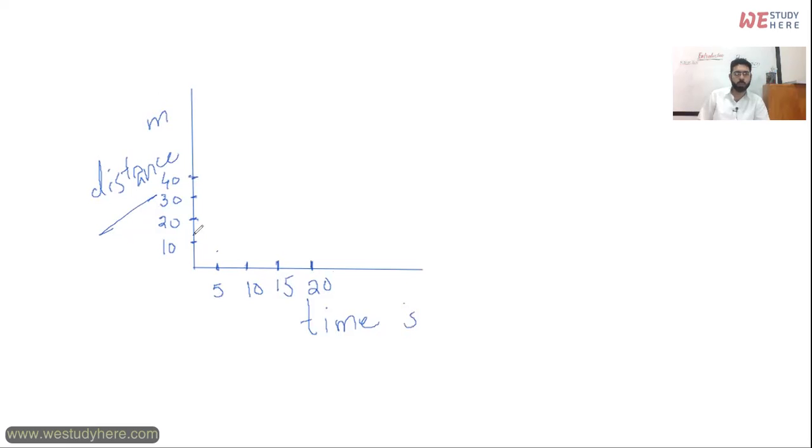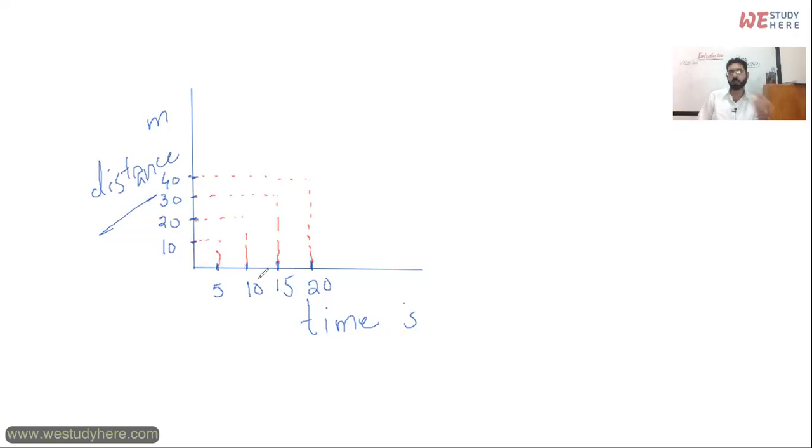Now here you can see, when you join these points, if you see the graph, after each 5 seconds the body covers 10 meter. So in equal intervals of time, the time passing is 5 seconds, and the distance covered is 10 meters.